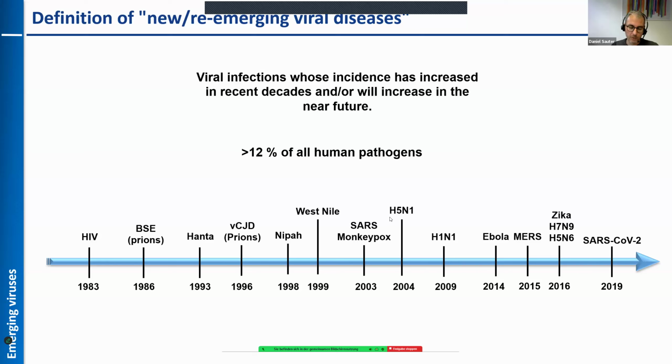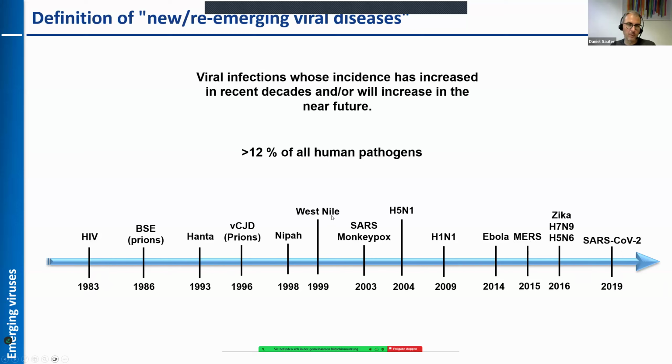What I've put here at the bottom is a timeline of emerging viruses, and you can see it's just random examples from the last few decades or years, starting from HIV in the 1980s up to the COVID outbreak in 2019.